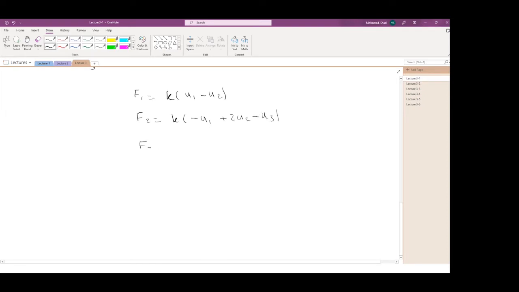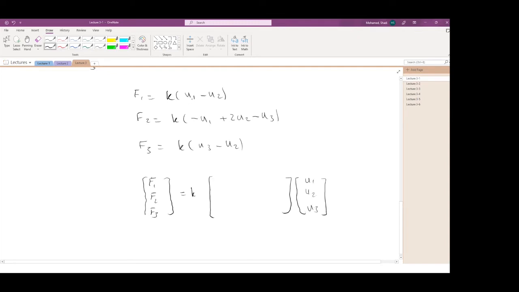And then I have F3 is equal to K multiplied by U3 minus U2. Now, if you want to write this in matrix form, you will have F1, F2, and F3 equal to K, a common factor, multiplied by something, multiplied by the displacements U1, U2, and U3.